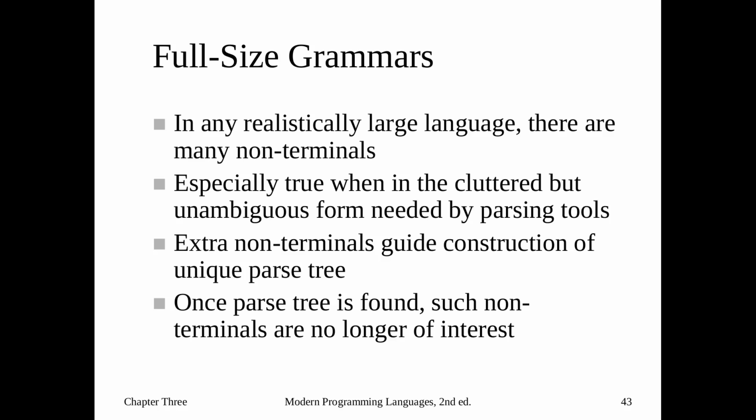The problem here is that it becomes extremely cluttered when we want to create the unambiguous form. That's mainly due to the creation of extra non-terminals that guide the construction of the unique parse tree. But once that parse tree is found, these extra non-terminals essentially have no more interest or use.